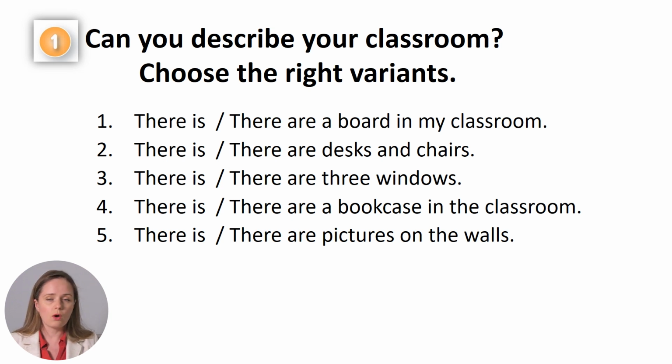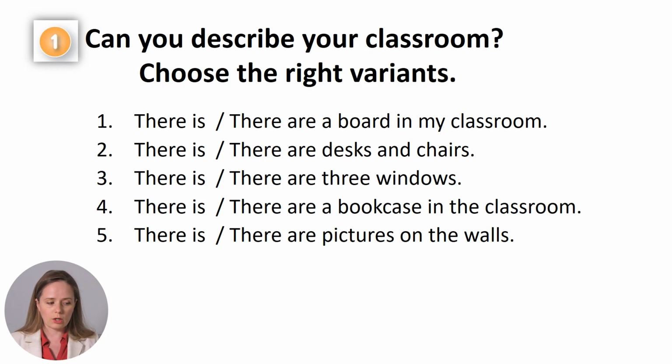There is or there are a board in my classroom. There is or there are. Think and write your answer in your copybook. Let's go to the next. There is or there are desks and chairs. Desk, yeah, this is a desk. And a chair where you sit.